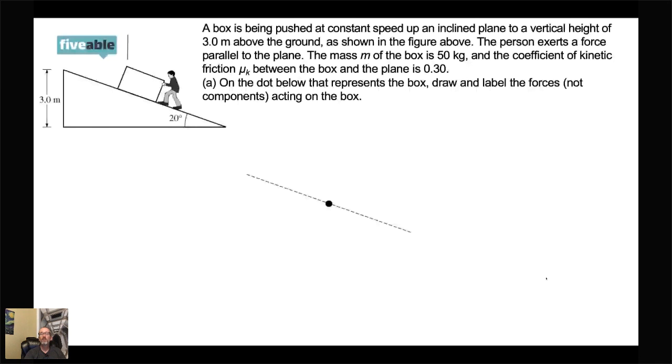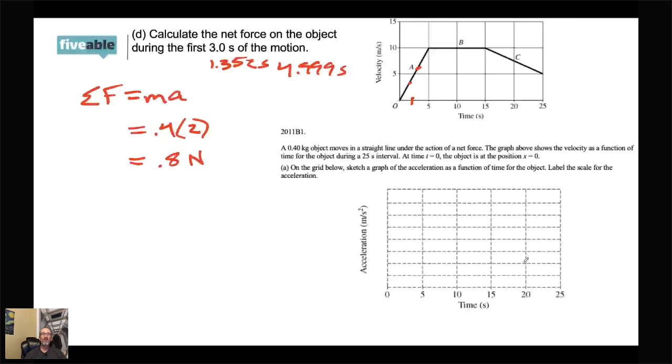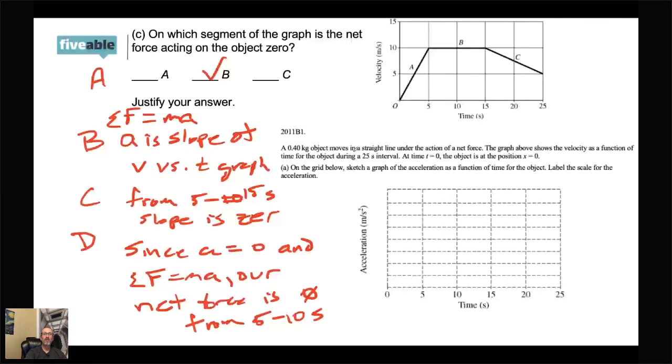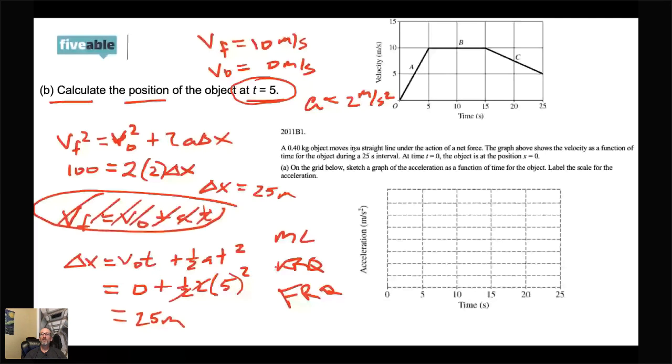That's an awesome question. If I want to know how far this goes, see, you guys are thinking, that's beautiful. If I want to know how far it goes, I could find the area under the VT graph. So I want to calculate the position. I want to find the area. So here I have a triangle. And that triangle, the area is equal to 1/2 of the base times the height.